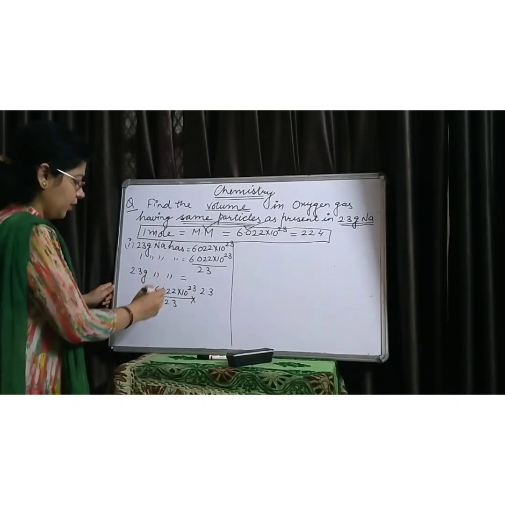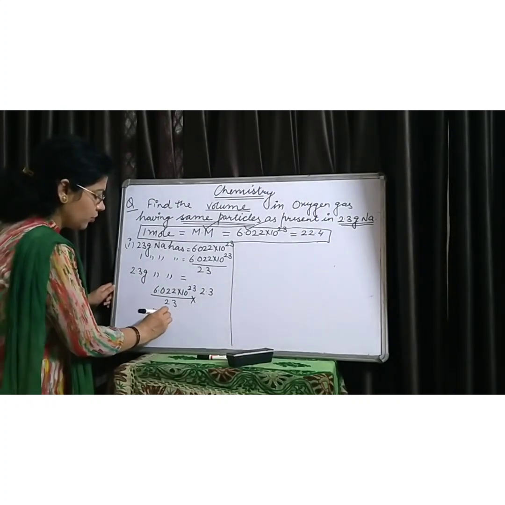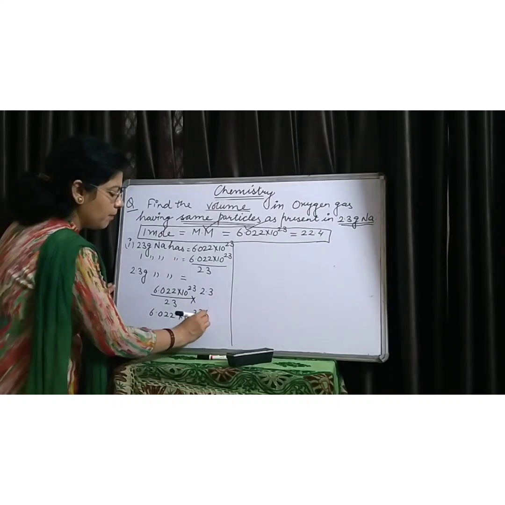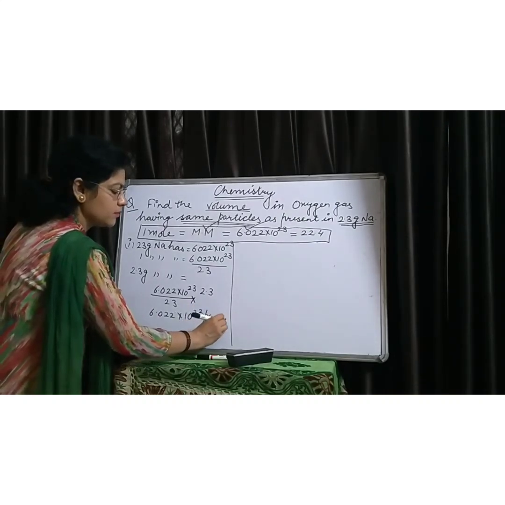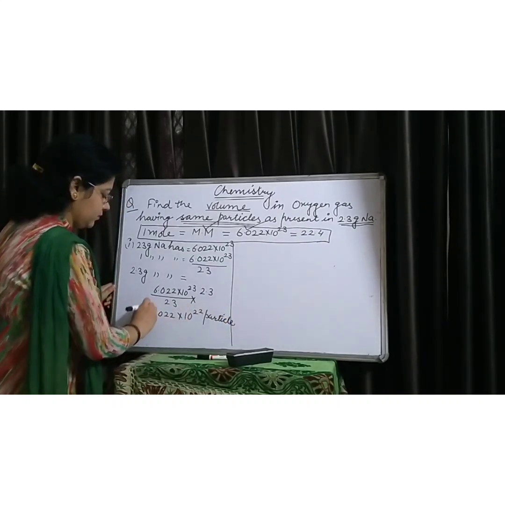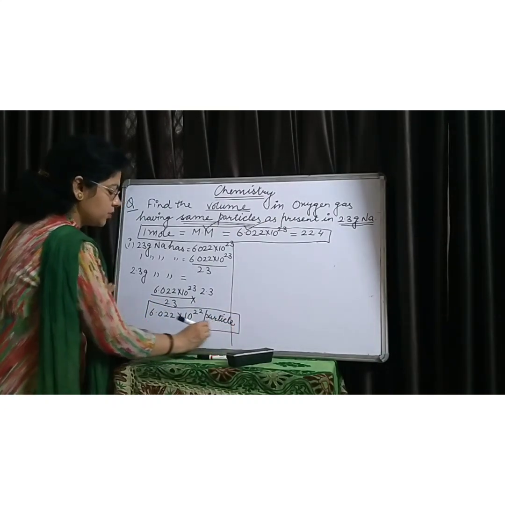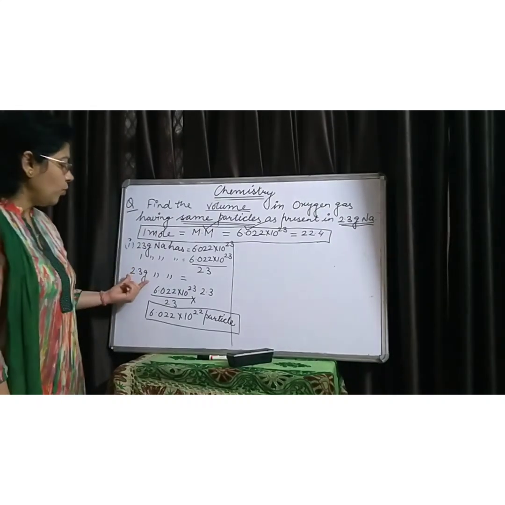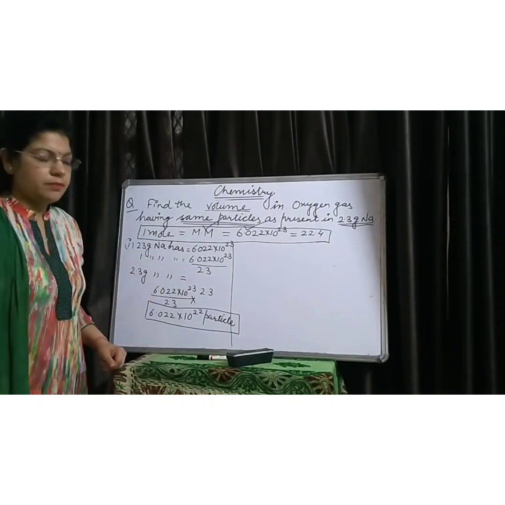It comes out to be 6.022 × 10^22 particles. This number of particles is present in 2.3 gram of sodium.